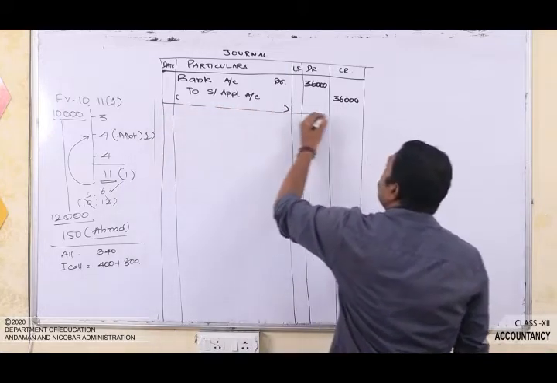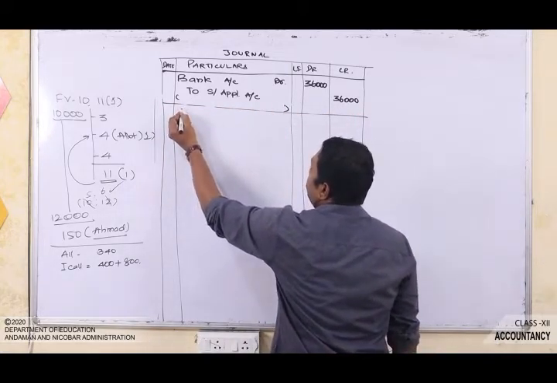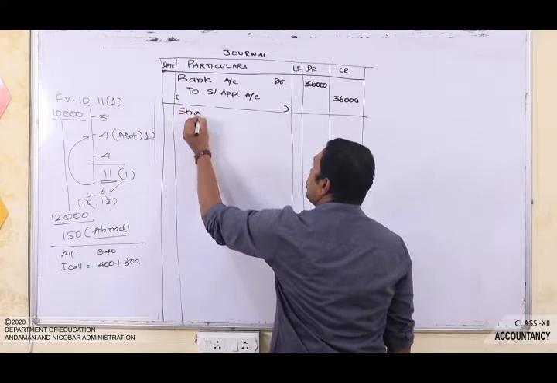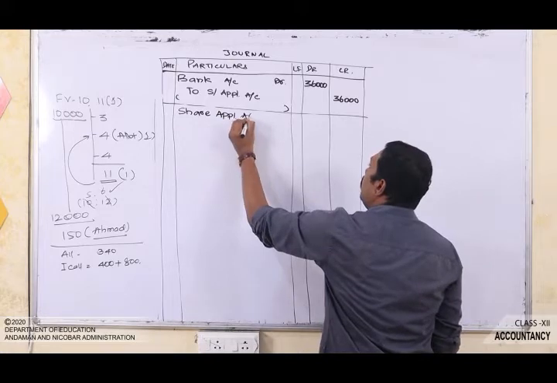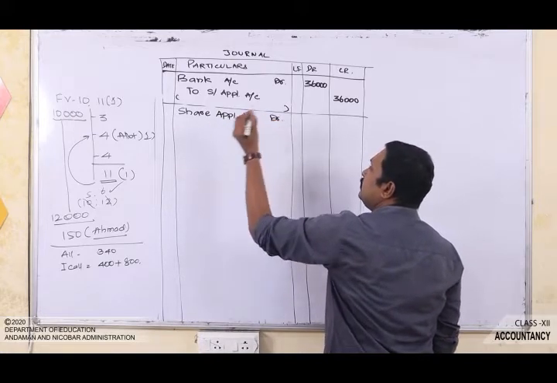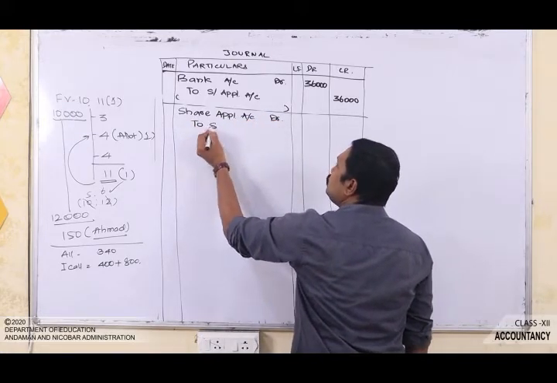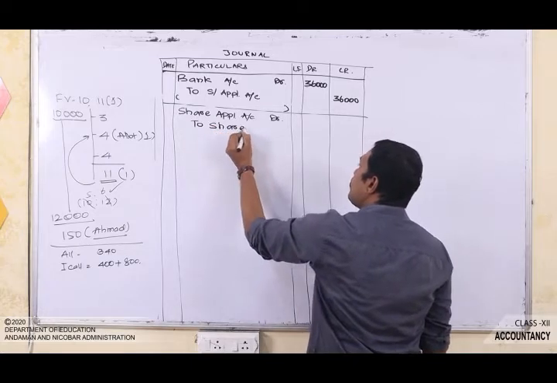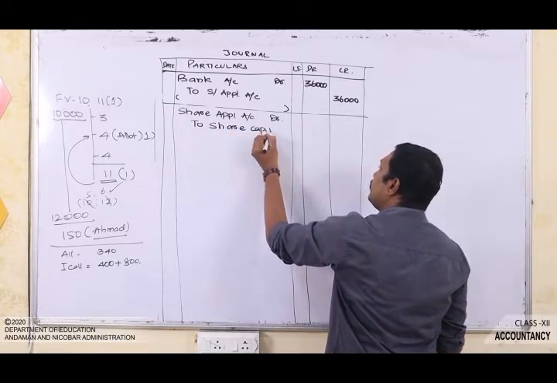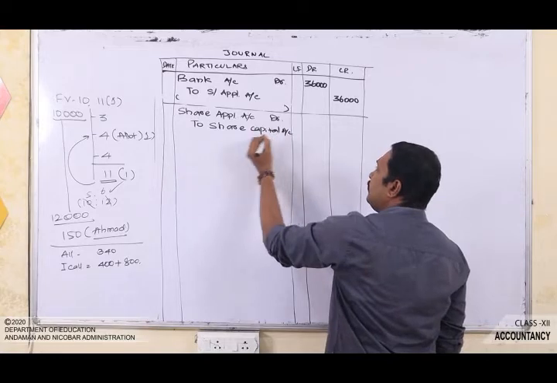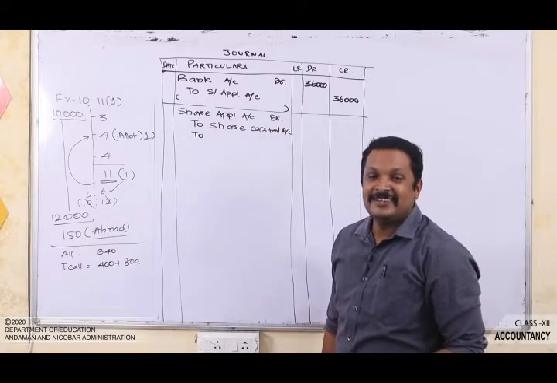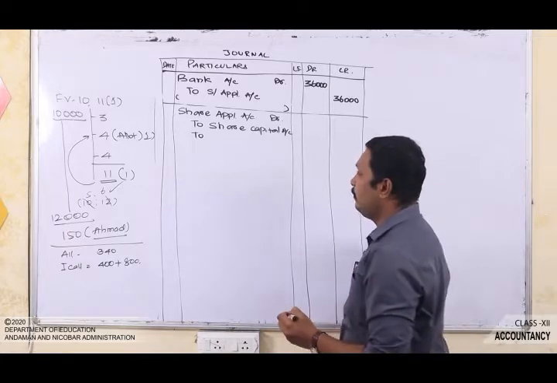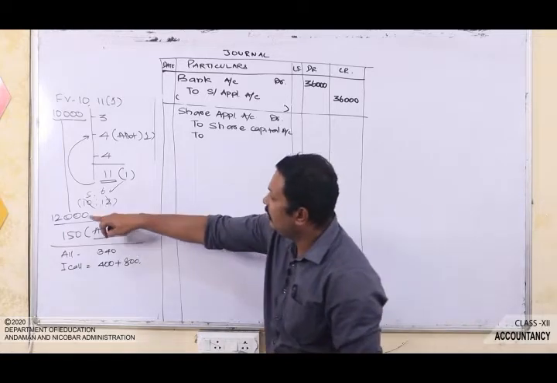Now proceed to the second entry. What is that? Transfer entry. That is share application account debit to share capital account, and to share allotment account, because of the excess money.